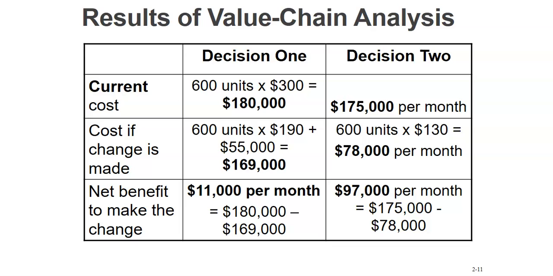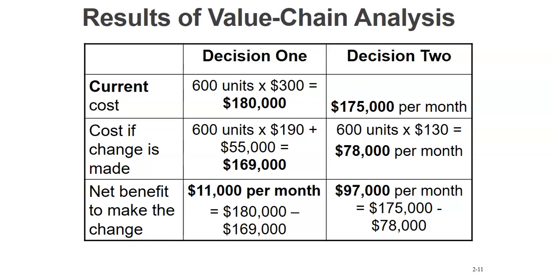So we're going to save the net benefit to make the change. So we have decision 1 or decision 2. The net benefit for decision 2 is $97,000 a month. So when we're looking at this financially, $97,000 a month makes a lot of sense.